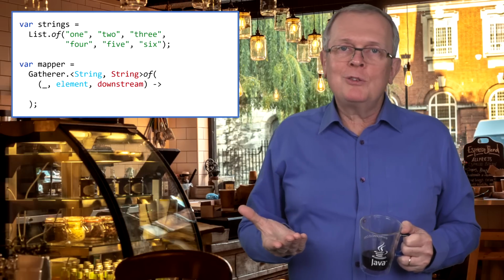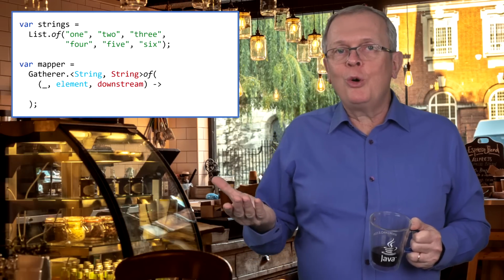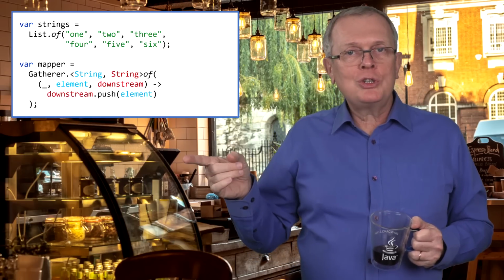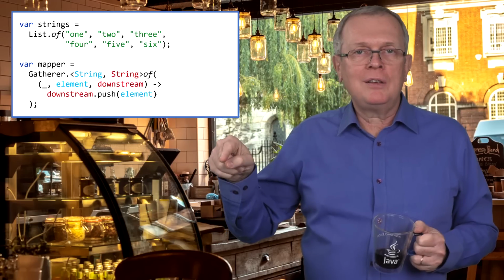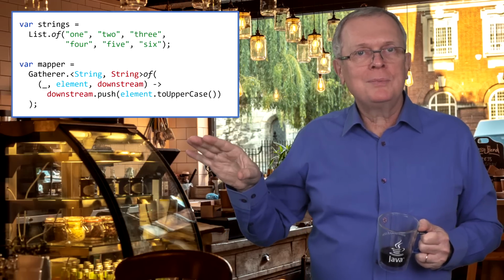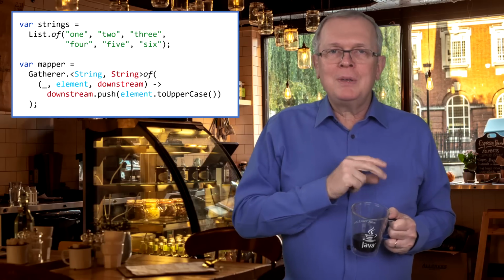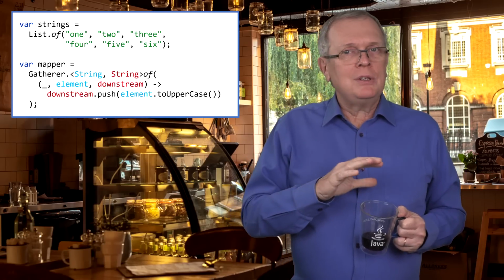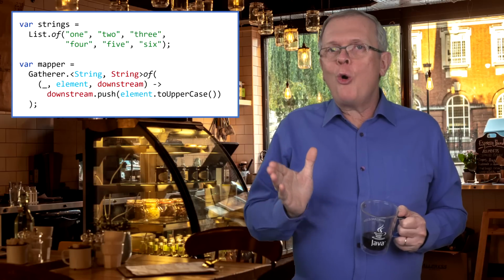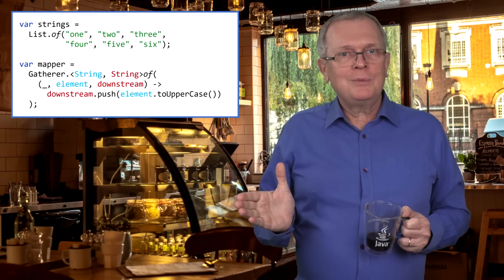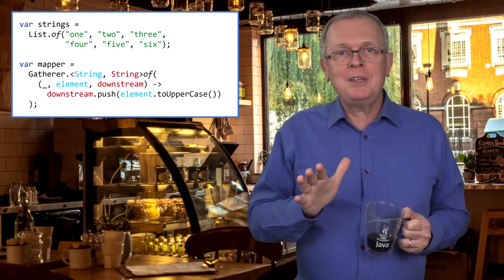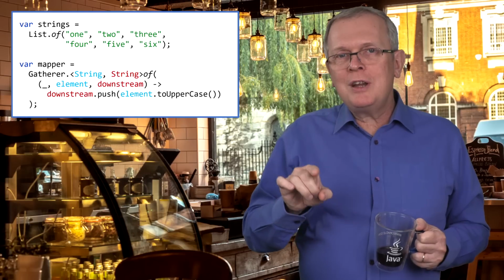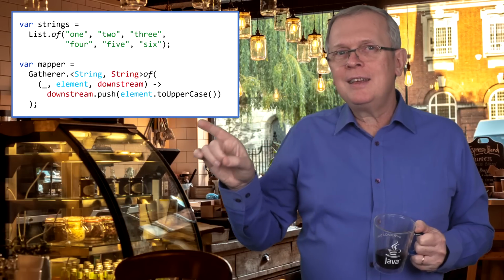And to push an element, all you need to do is call downstream.push and pass the element as an argument. Simple enough. Now, you need to be careful, because this lambda must return a boolean. But it turns out that the push method also returns a boolean, so the compiler is happy in that case. We'll see what this boolean is exactly in a minute.